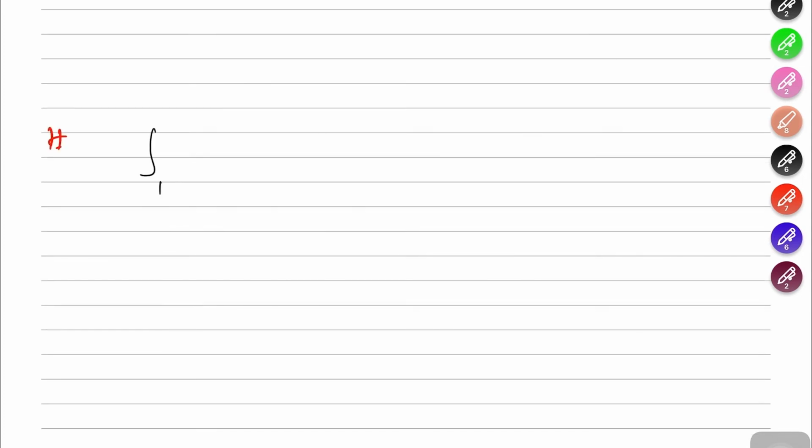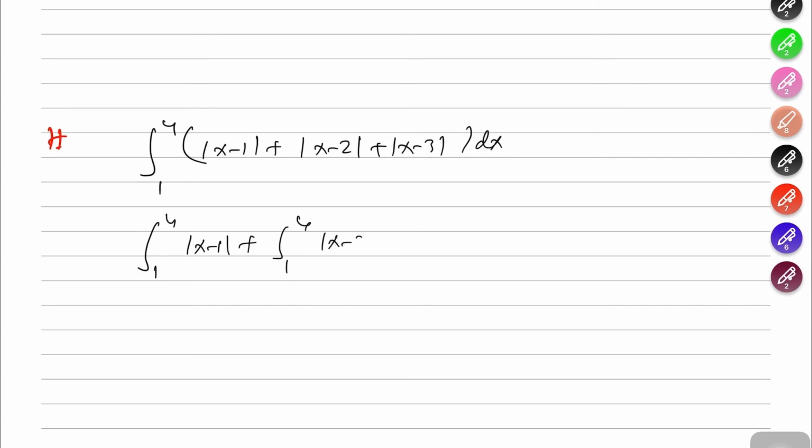Let's say 1 to 4, mod of x minus 1 plus mod of x minus 2 plus mod of x minus 3 dx. If I want to solve this problem, obviously we can break it. One method is to break it into 1 to 4 mod of x minus 1, plus 1 to 4 mod of x minus 2, plus 1 to 4 mod of x minus 3 dx.